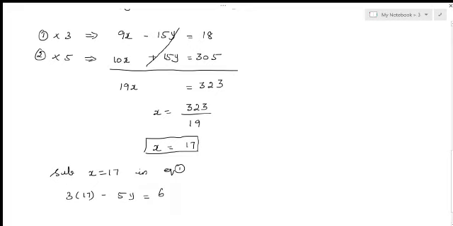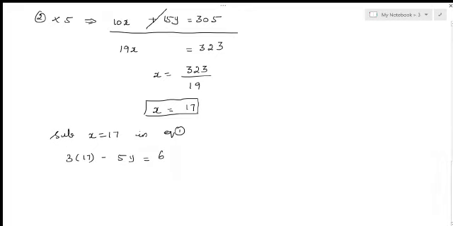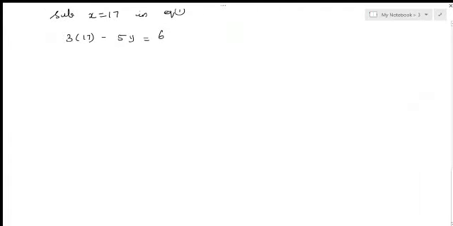Now 3 into 17 is 51, minus 5y equal to 6. So minus 5y equal to 6 minus 51. So minus 5y equal to minus 45.